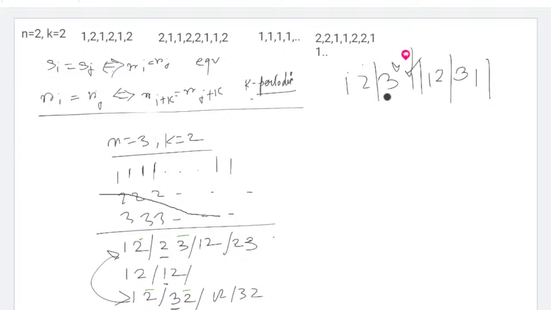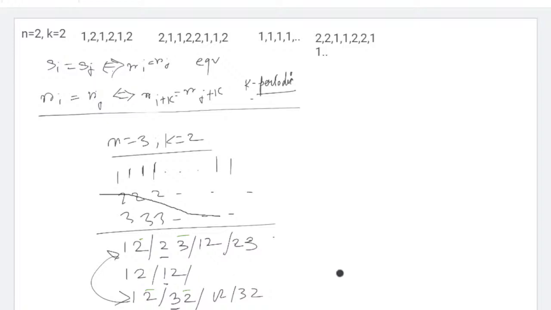Okay, wait, no, I don't think this is true. Look, this two and three are equal, but the one and one are not. I mean, the two and three are not equal, but the one and one are. Did you see what I was saying? No, I did not. Can you write the 1, 2, 3, 1 sequence again?